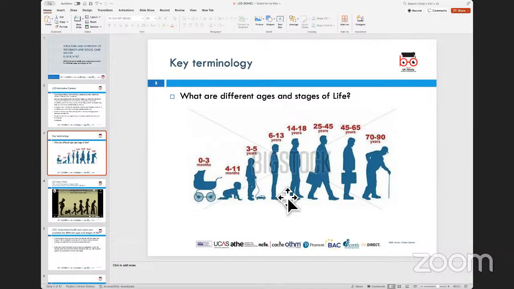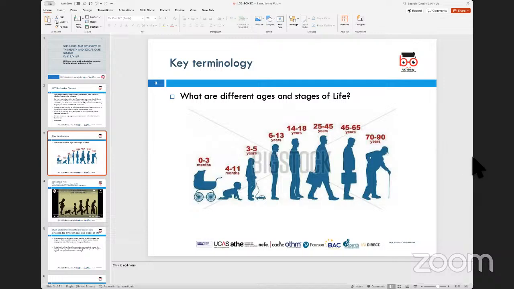Then you have early childhood, which will be between the ages of 6 and 13. Then you go into adolescence, which is 14 to 18. Early adulthood, 25 to 45. Then middle adulthood, which is 45 to 65, and anything over the age of 70 would be later adulthood, where you are essentially a senior statesman or elderly.